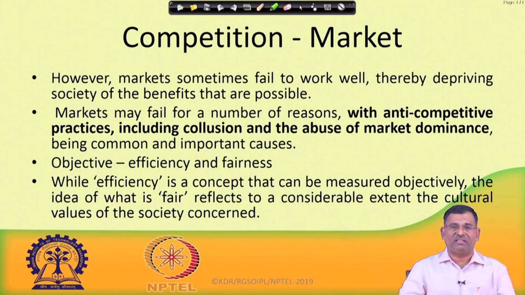If they abuse their market dominance for exploitation of the consumers, then the competition law will step in. So, simply, the objective of competition law is efficiency in the market as well as fairness in the market. Efficiency and fairness are the two pillar stones of competition law.